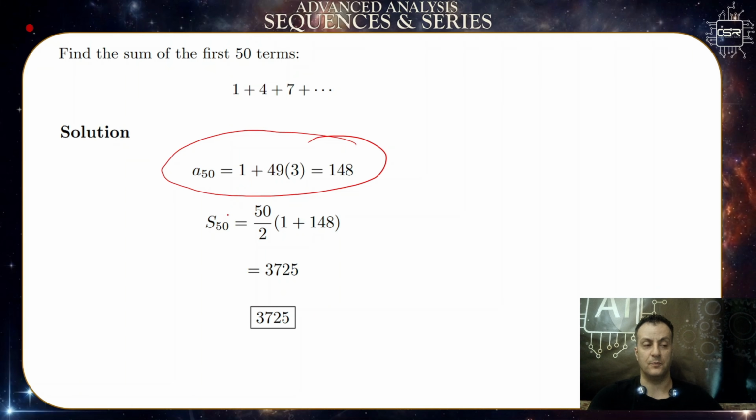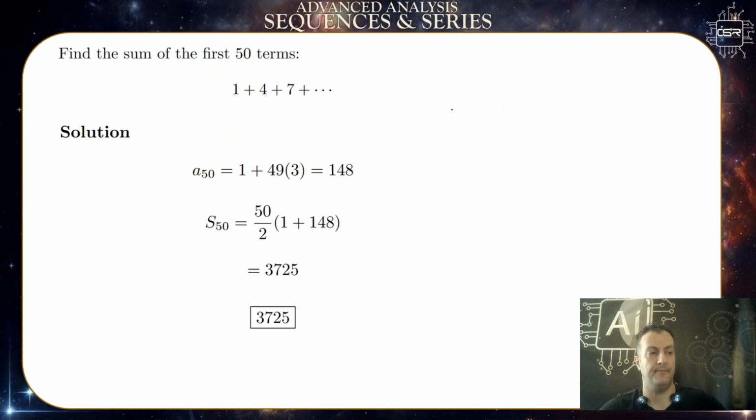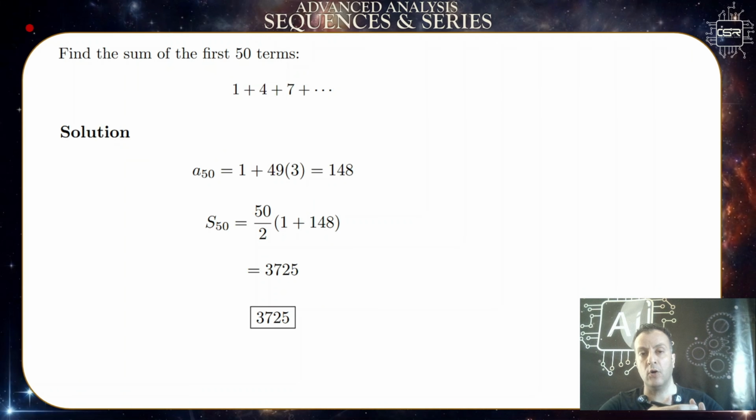S_50 is equal to 50, so it is 50 terms, right? Divided by 2, multiplied by 1 plus 148. It is part of the sequence theorems, by the way, which gives 3725. This is the sum. Again, for the sum of the n terms, up to the nth term, which is different than finding the nth term, this is adding up all terms up to n.